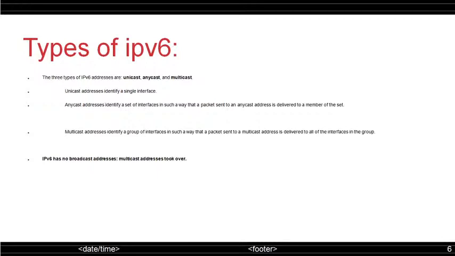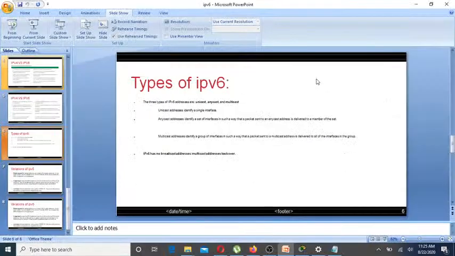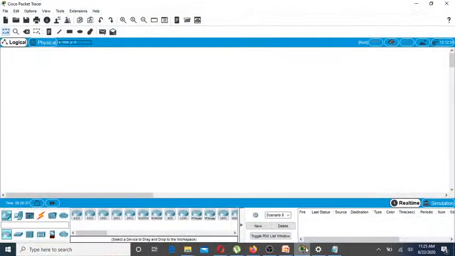Or basically I can say, suppose I want to send some data. Suppose there are 4 servers connected to each other. Let's say like this. Okay, this is Cisco Packet Tracer. This is where I'm going to show you the practical. Okay, this is the virtual simulation of the Cisco environment.